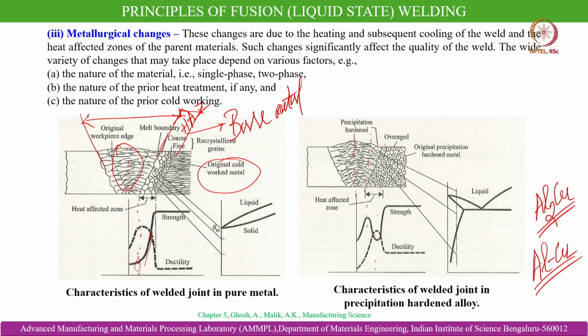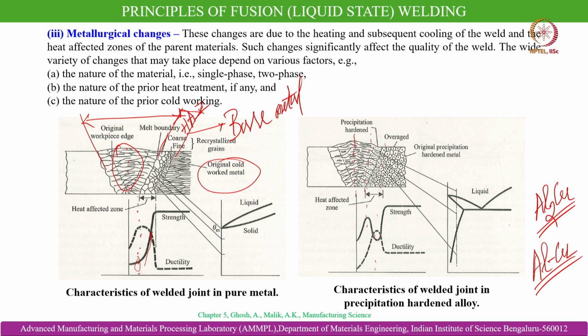It is a prolonged heat treatment, and the over-aged structure decreases the strength significantly, and then again it increases when it enters the base material, the original workpiece, which is precipitation hardened, heat treated, quenched and aged.